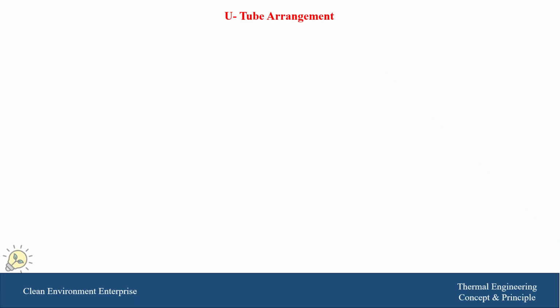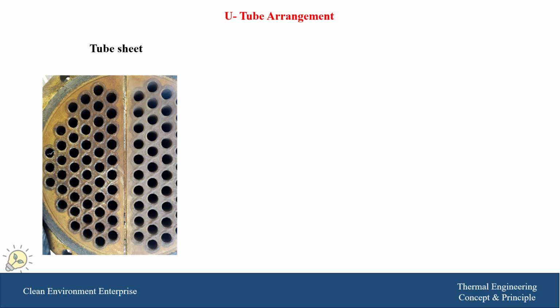U-tube arrangement. The tubes of the heat exchanger could be manufactured in the form of a U-tube. For example, here we have the tube sheet perforated with a number of holes which correspond to the tubes.